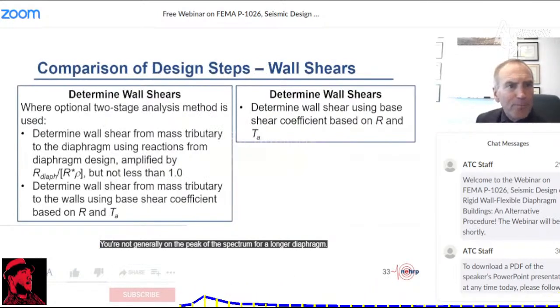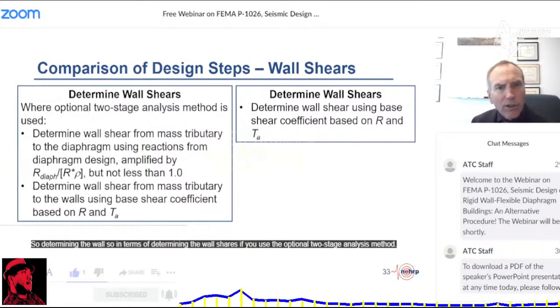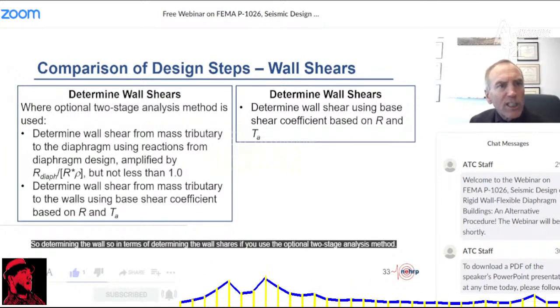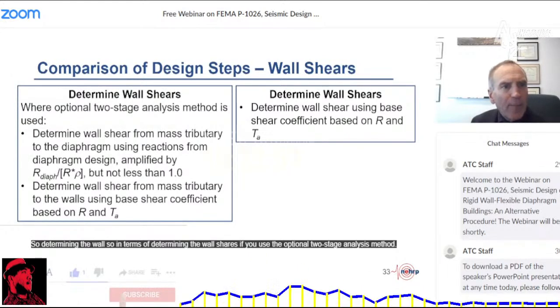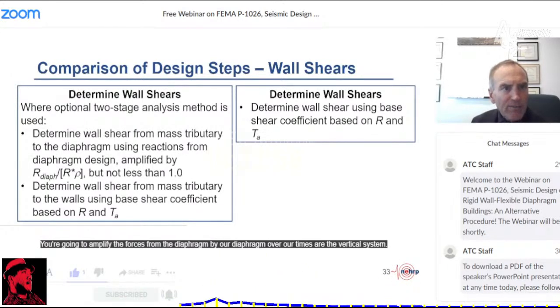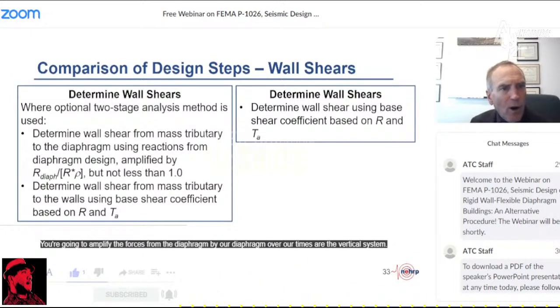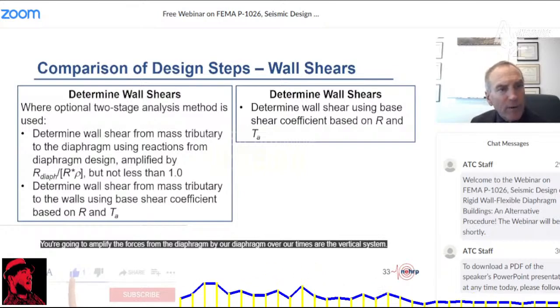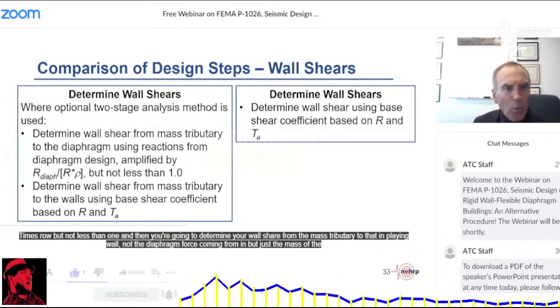So in terms of determining the wall shears, if you use the optional 2-stage analysis method, you're going to amplify the forces from the diaphragm by R diaphragm over R times R of the vertical system times rho, but not less than 1.